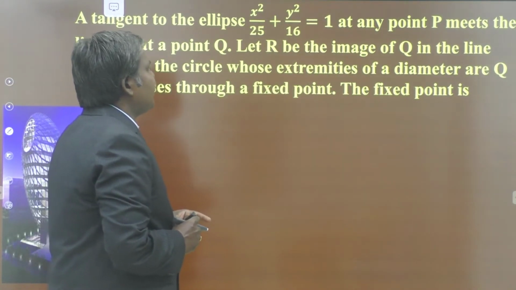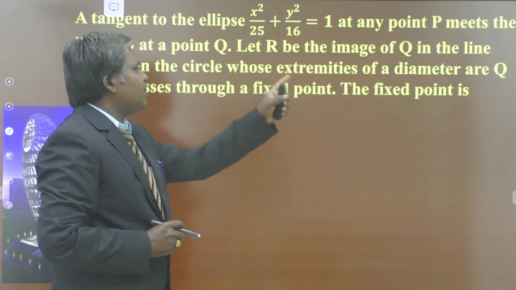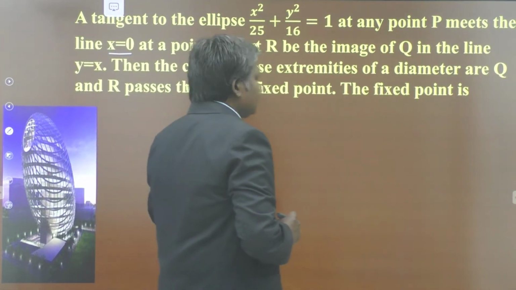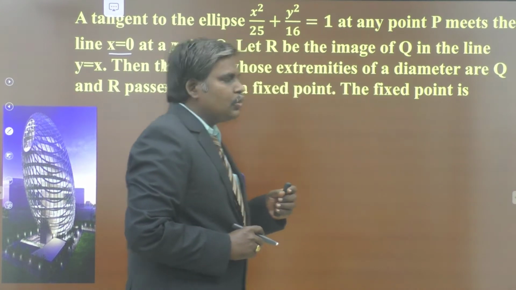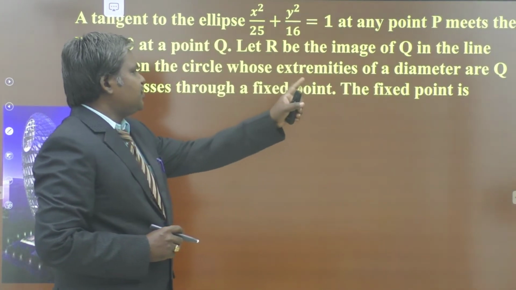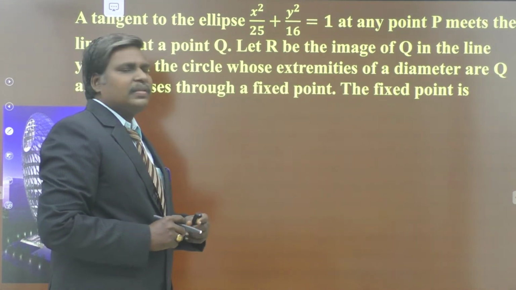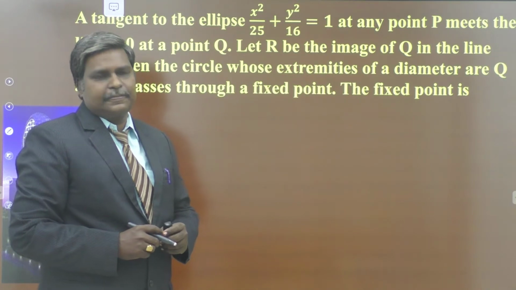Let R be the image of Q in the line y equals x, that is, with respect to the line y equal to x. Then the circle whose extremities of diameter are Q and R passes through a fixed point. What is that fixed point they are asking?